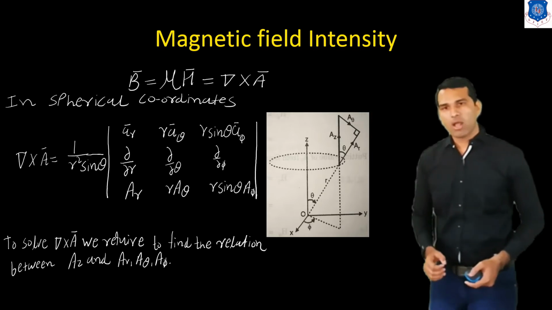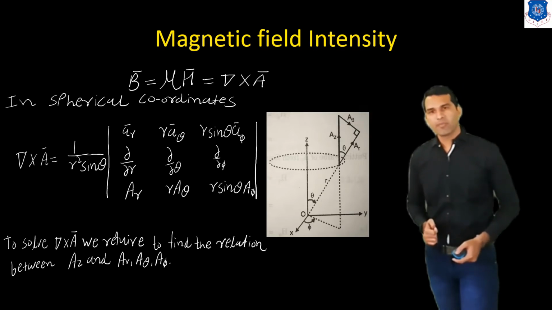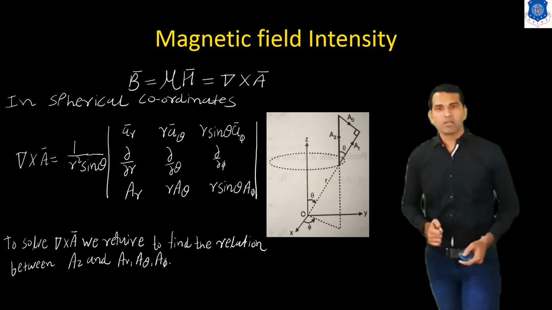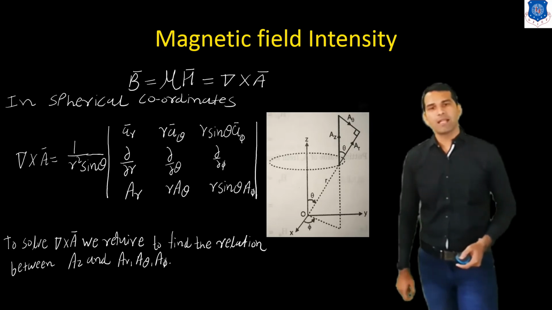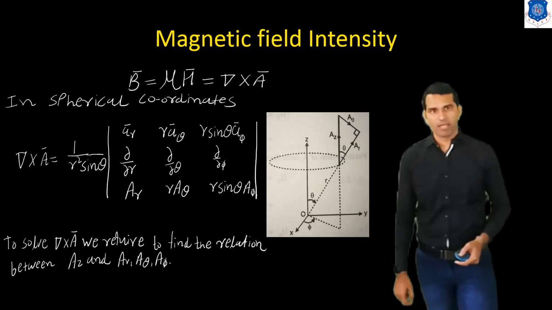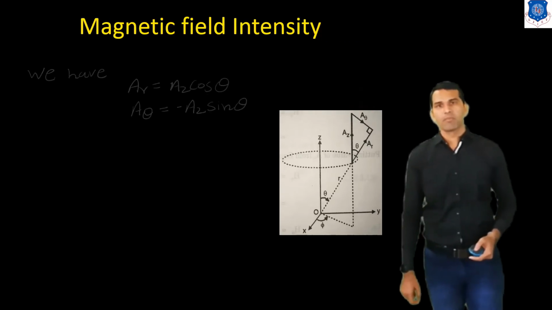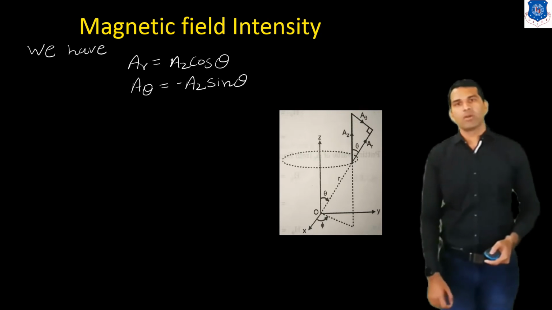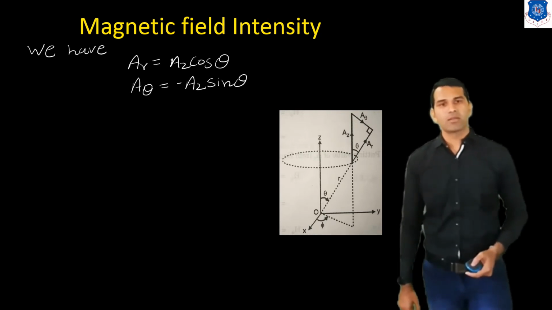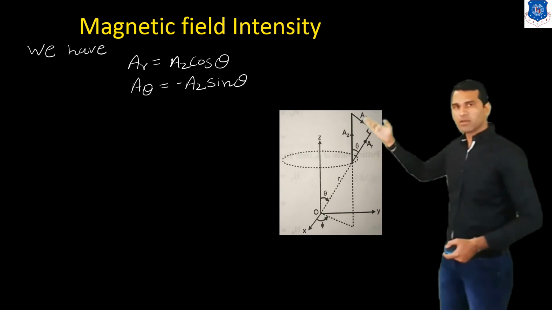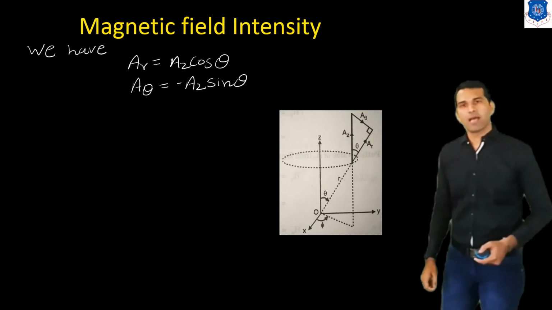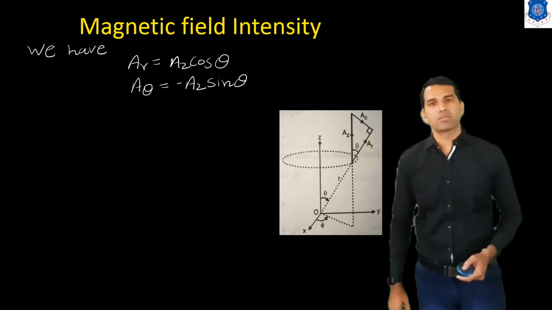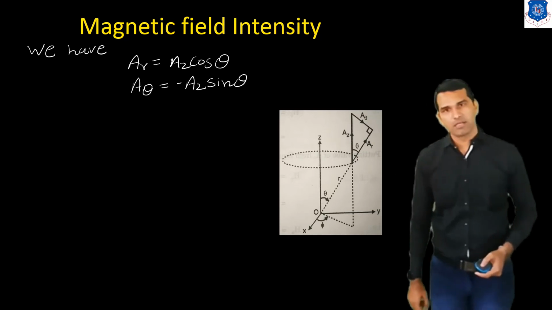Now to solve del cross A, we require to find the relation between az and ar, a theta, and a phi. So we have ar equals az cos theta. From this figure we can write ar equals az cos theta and a theta equals minus az sin theta.